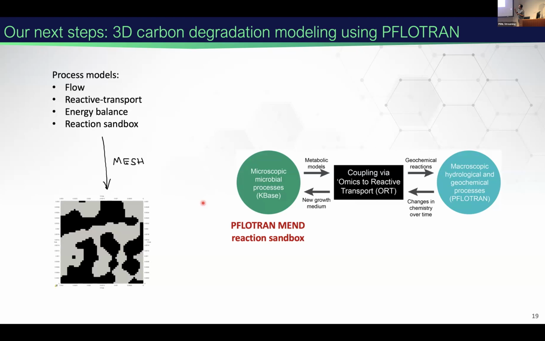Our next step is to better understand and use these process models to see how the carbon degrades, and to use the omics information from other complementary data sets, such as FTICR mass specs or other metabolomic models, as a basis to construct a comprehensive model for understanding the chemistry in time.